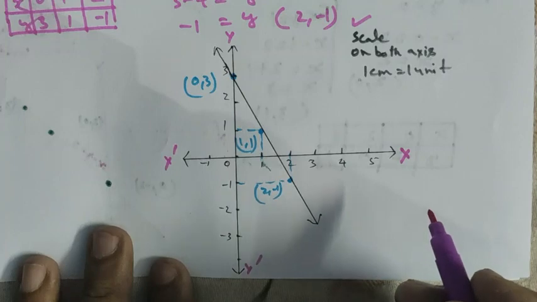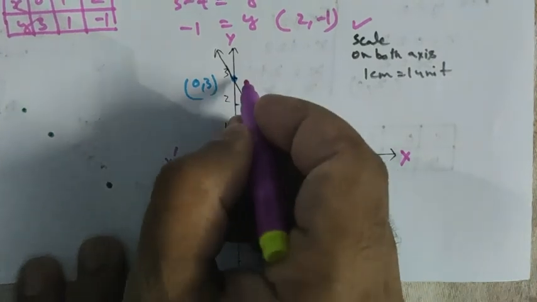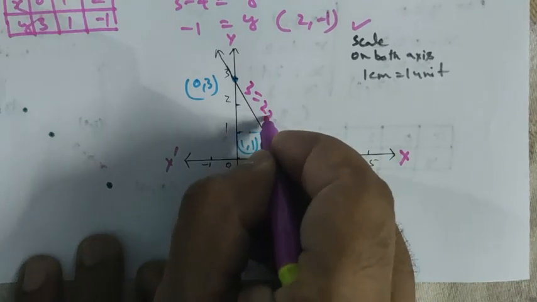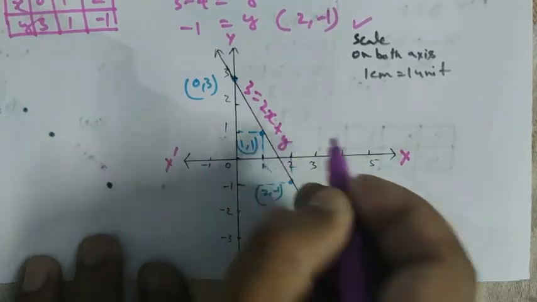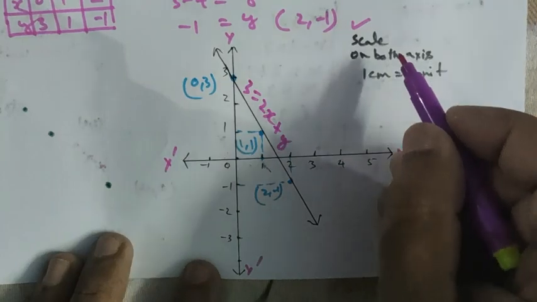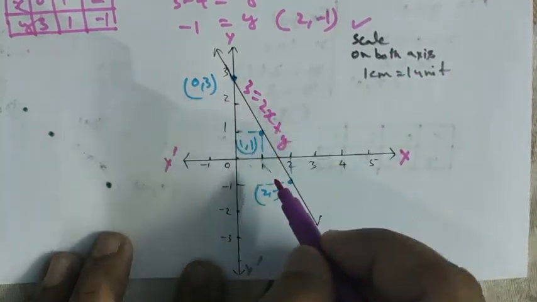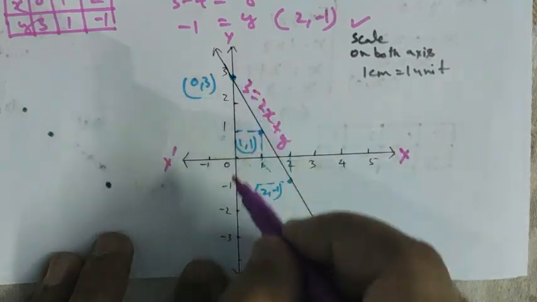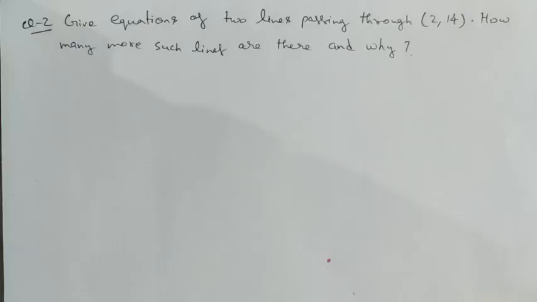The equation was 3 equals 2x plus y. So don't forget the scale, coordinates of all the 3 points, equation, x and x dash, y and y dash. Okay, we will move to question number 2. Give equations of two lines passing through 2 comma 14. So 2 comma 14 will be a point in the Cartesian plane.